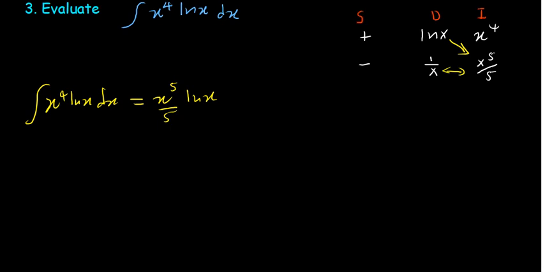But whenever we multiply horizontally, we need to put an integral. There is a negative there, so that will be negative integral 1 over x times x to the power 5 over 5. This x can cancel with 1 x there when we multiply, so we just remain with x to the power 4 divided by 5. Then we add dx because we're integrating there.